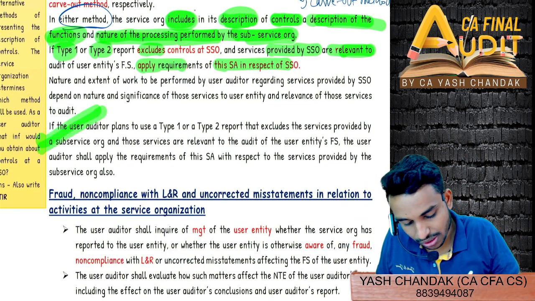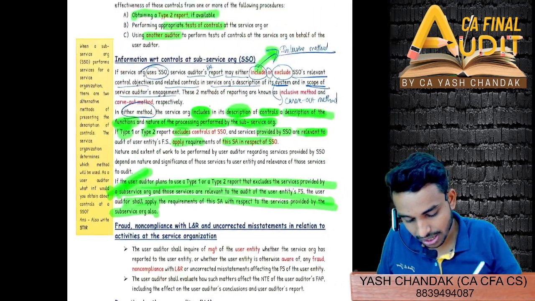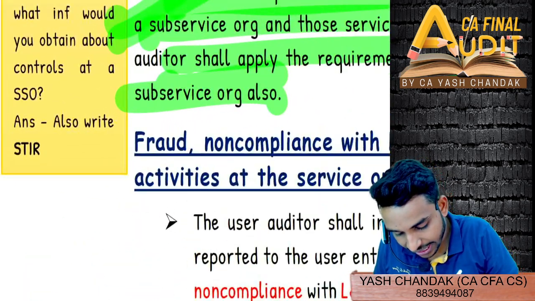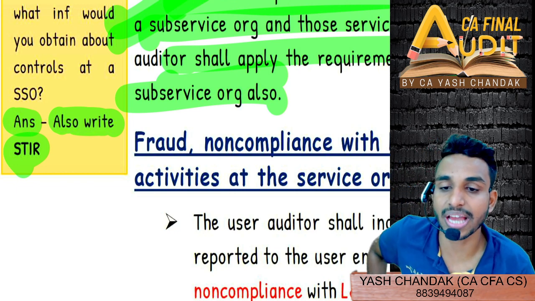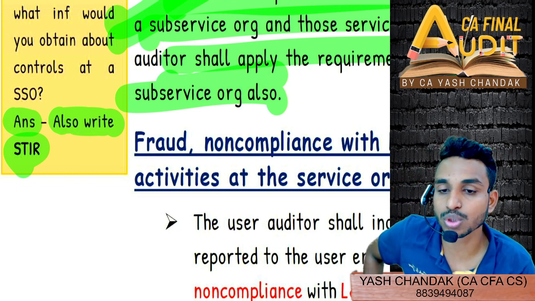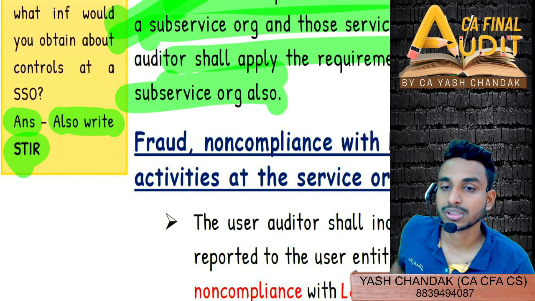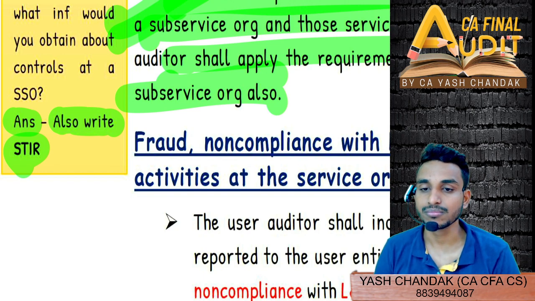You can read this also. This is also talking about the same point. And just go through this question. In the question, please note that it is given in the suggested answer that they have also mentioned about STIR. What was the question for the answer STIR? Obtaining an understanding of the services provided by the service organization.